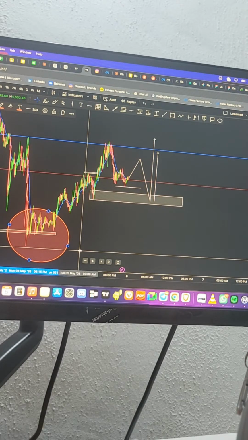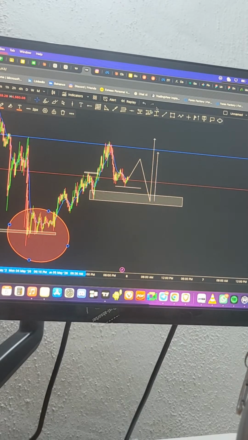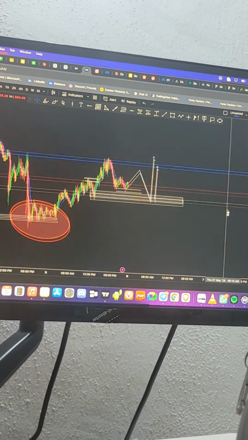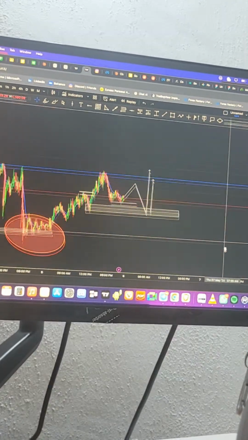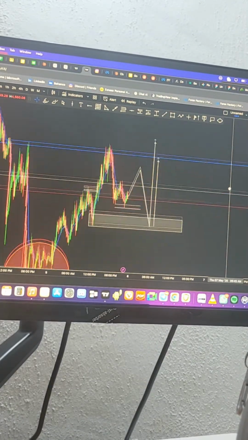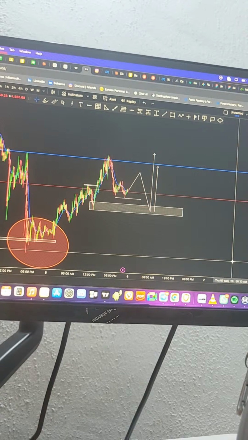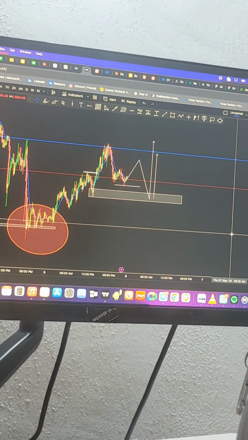So most of the time your strategy is not even the issue. It's maybe your psychology and your mindset that is not okay. So you need to work on your mindset if you want to scale up and become profitable. Psychology is the most important thing in trading, because trading is going to mess with your psychology, your feelings, your emotions.